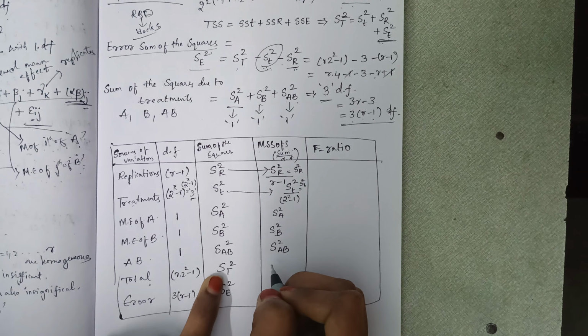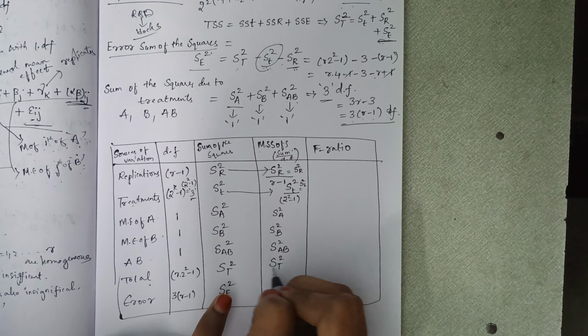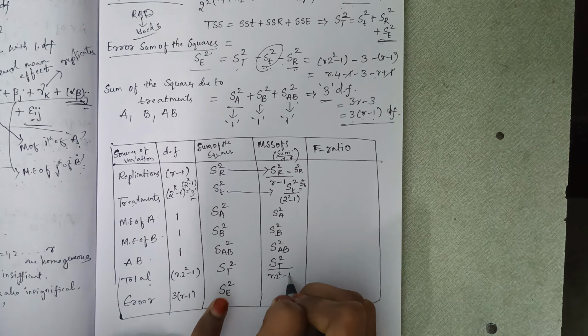And the total mean sum of the squares is S square T by r into 2 square minus 1.